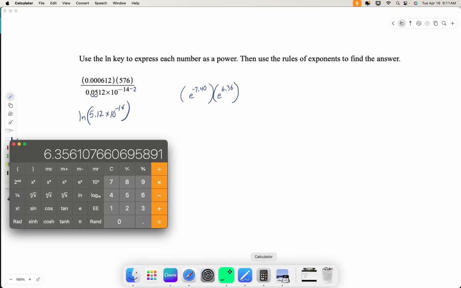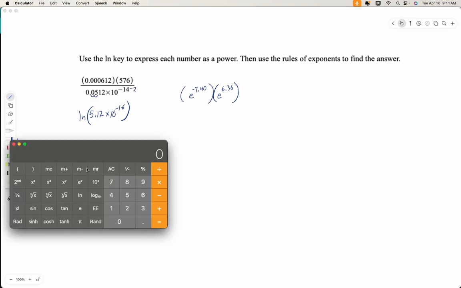So I've got to do parenthesis and then 5.12, times 10 to the negative 16th power.